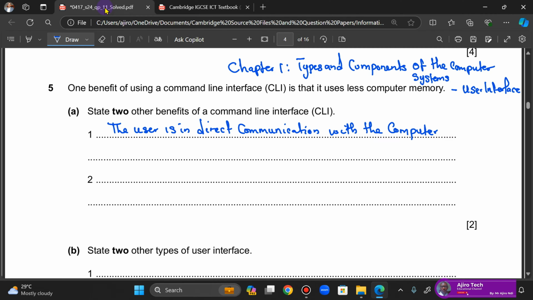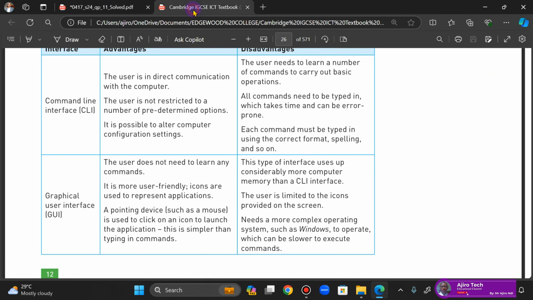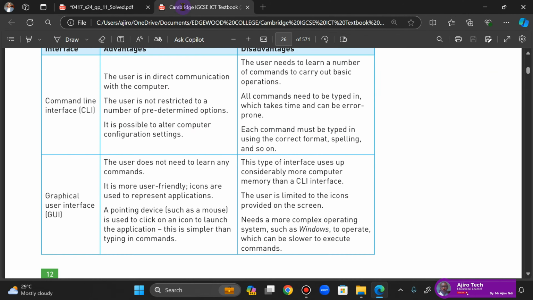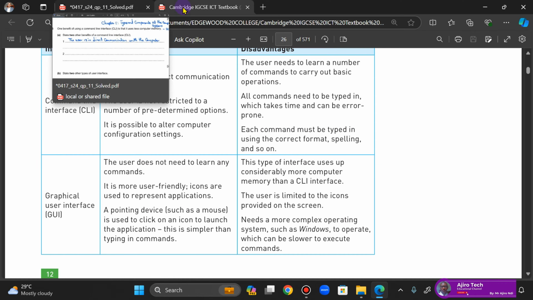And again, you can see that the user is not restricted to a number of predetermined options. That's a benefit, right? It doesn't even require any high resolution monitors.